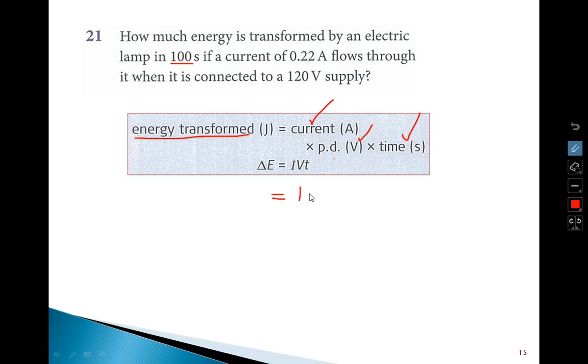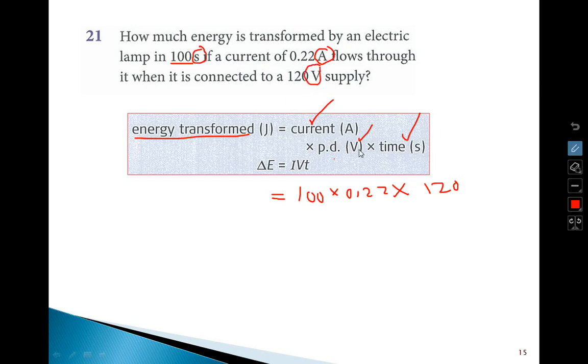Which is equal to 100 times 0.22 times 120. Always keep in mind that these must have the same measured units: ampere, volt, second.